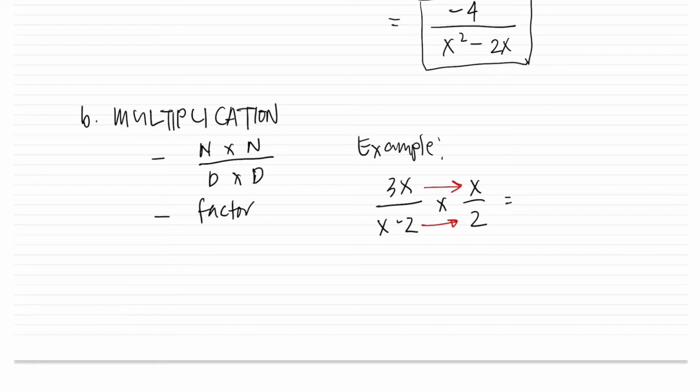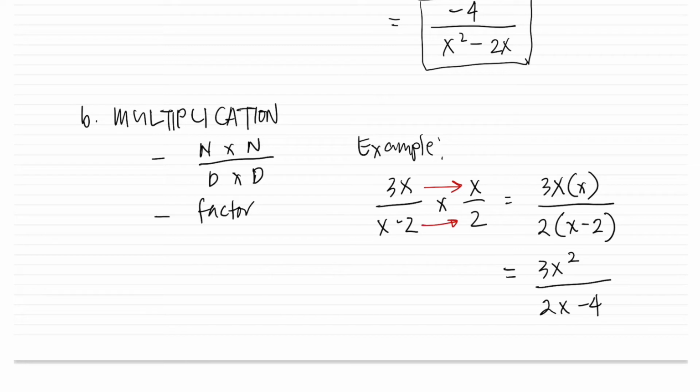So it becomes 3x times x over 2 times x minus 2. Then we distribute, so we have now 3x squared over 2x minus 4, and this is our final answer.